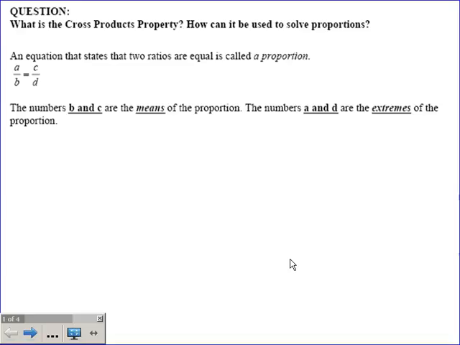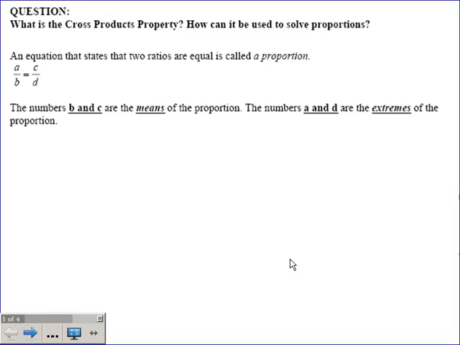An extreme, you can think of something you taste that tastes either extremely good, like a delicious raspberry, or extremely bad, like curdled, rotten milk. So the extremes are either the very top, best thing, or the very bottom, worst thing. Or it's the very first thing and the very last thing.